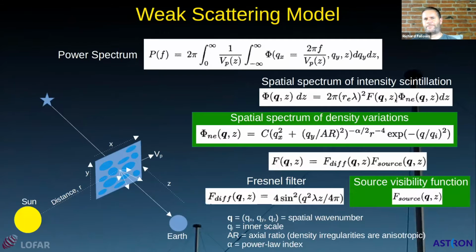Okay, sorry, brief diversion into nice pretty picture land, and then we come back to this formula here. Okay, so we've got the spatial spectrum of the density variations there, which I've been describing. So we can get this axial ratio and things like that.